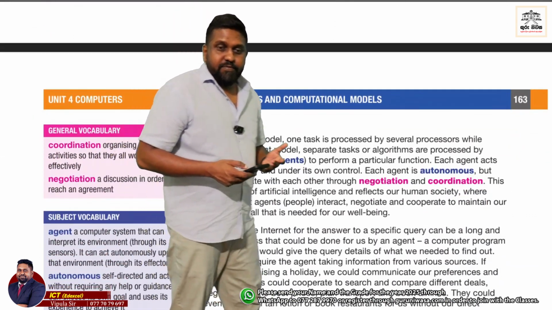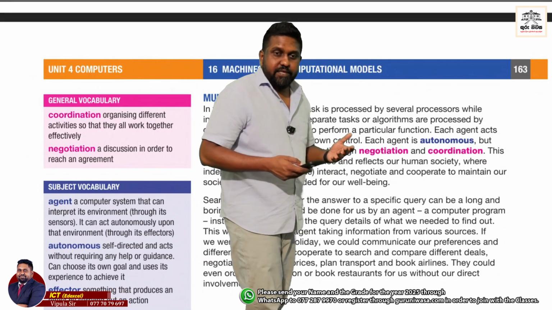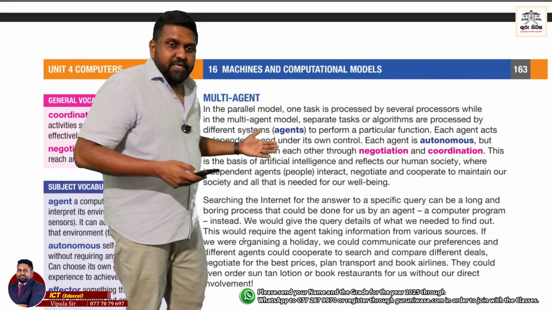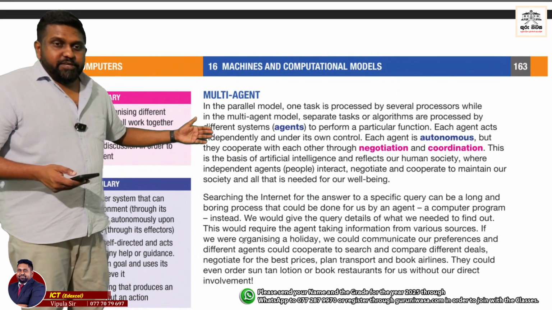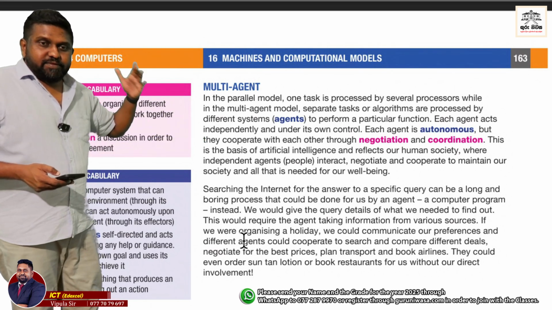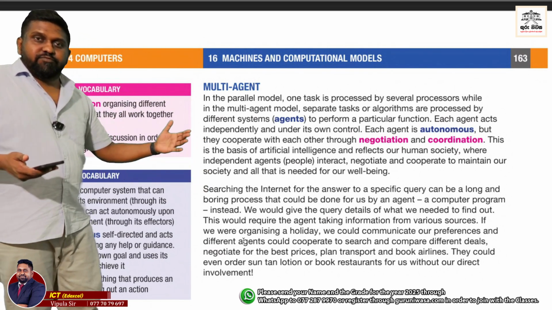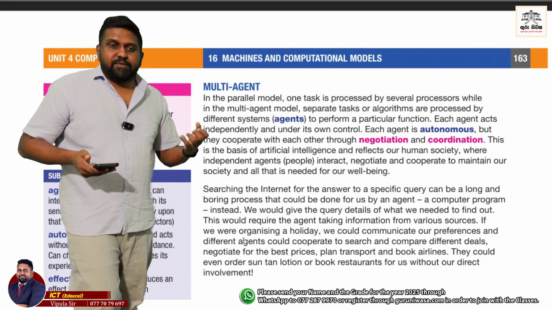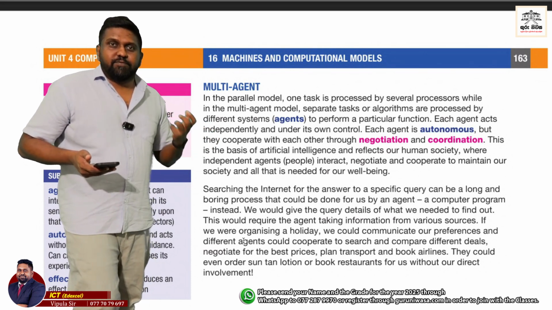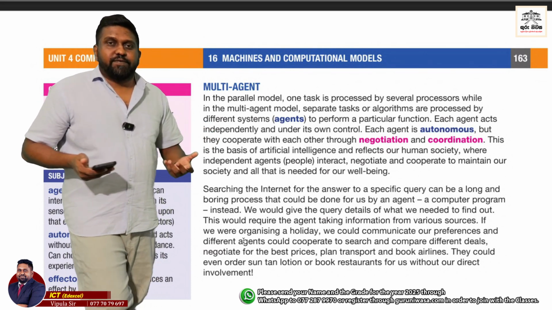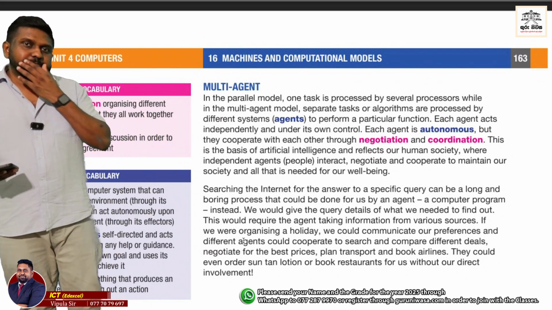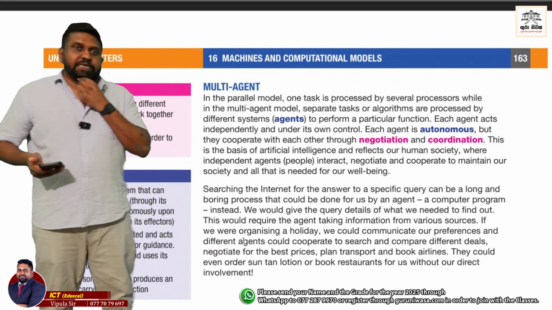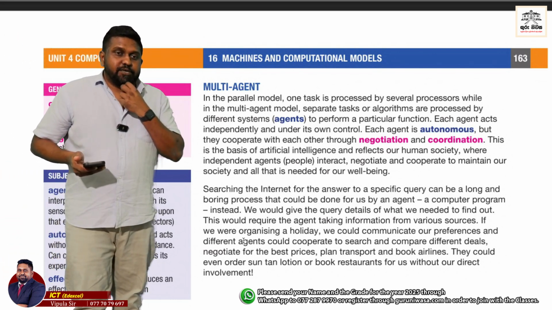On top of all these things, we have the multi-agent model. The multi-agent model is very complicated, and it basically allows you to go forward with different processing agents at any given time. So how does it work?